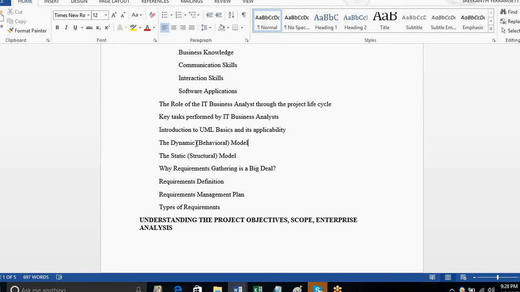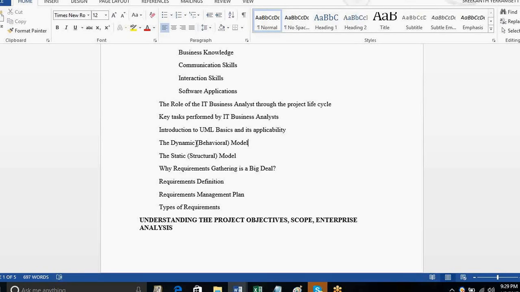So a structural model, contrary to it, talks about what the current system is, what this system does, what this system is all about.